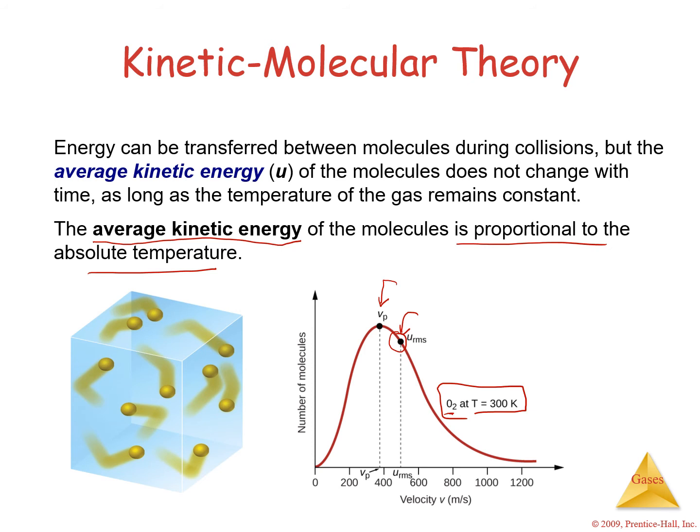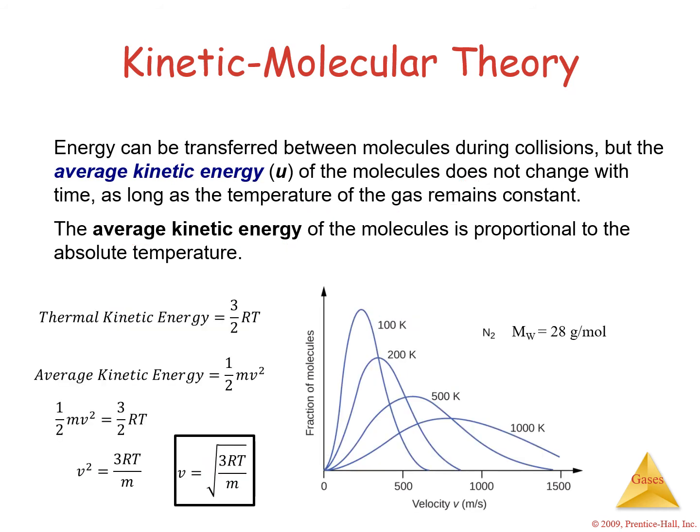When the temperature of a gas remains constant, the kinetic energy is not changing; it's constant at a specific temperature. The moment the temperature rises, it increases. When the temperature is lowered, the kinetic energy decreases.